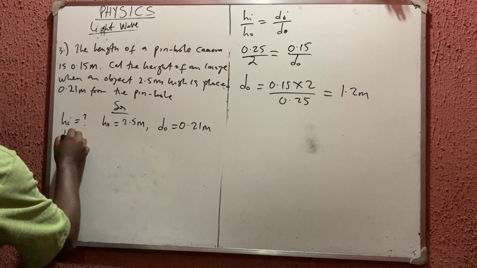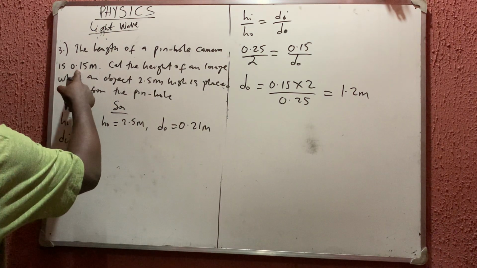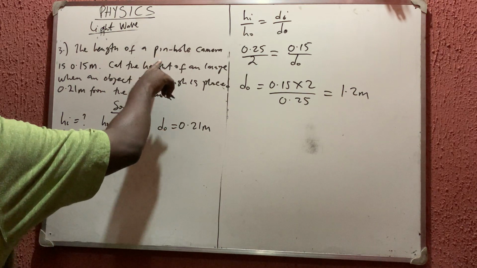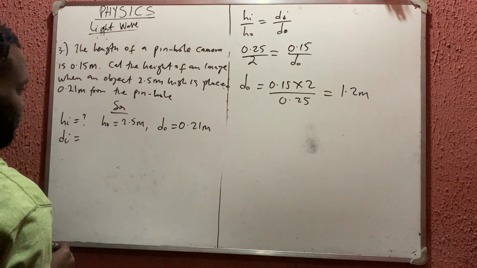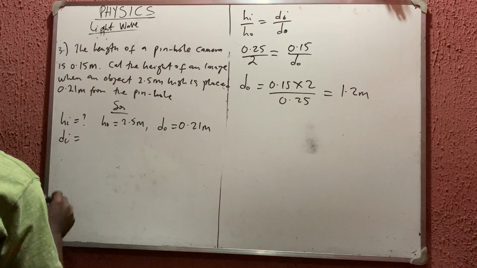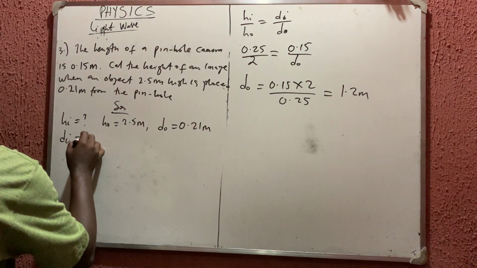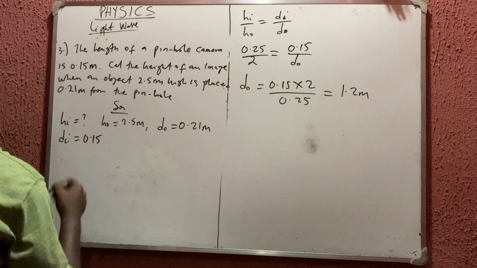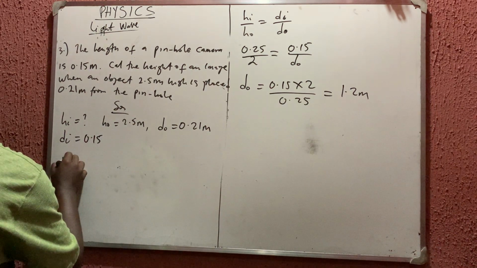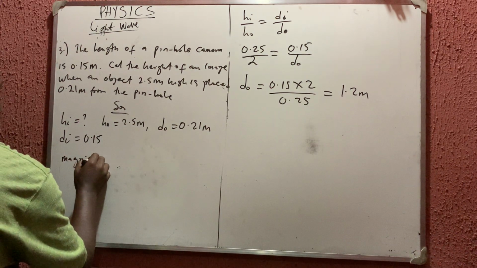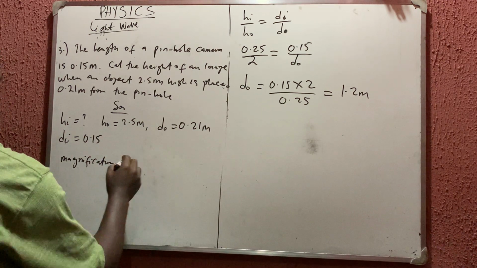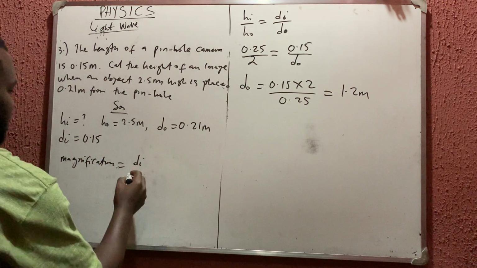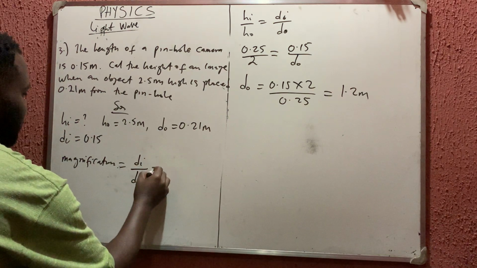The distance of the image is left, and the distance of the image is the same as the length of the pinhole camera, which is 0.15. So to get our magnification, it is the distance of the image over the distance of the object.